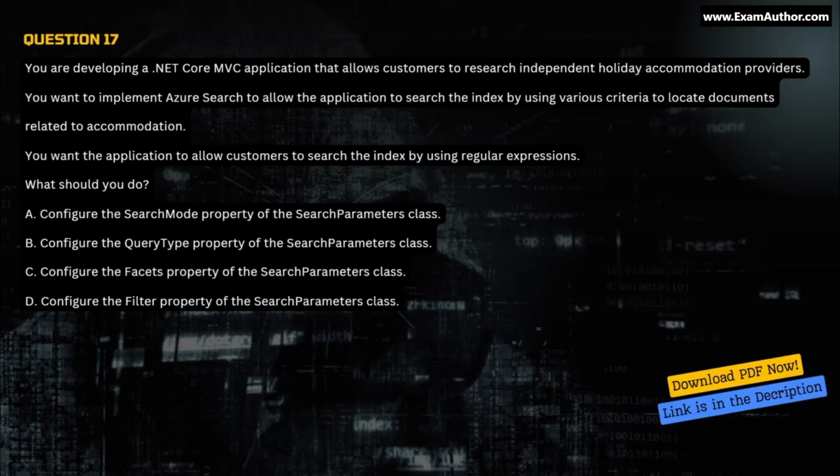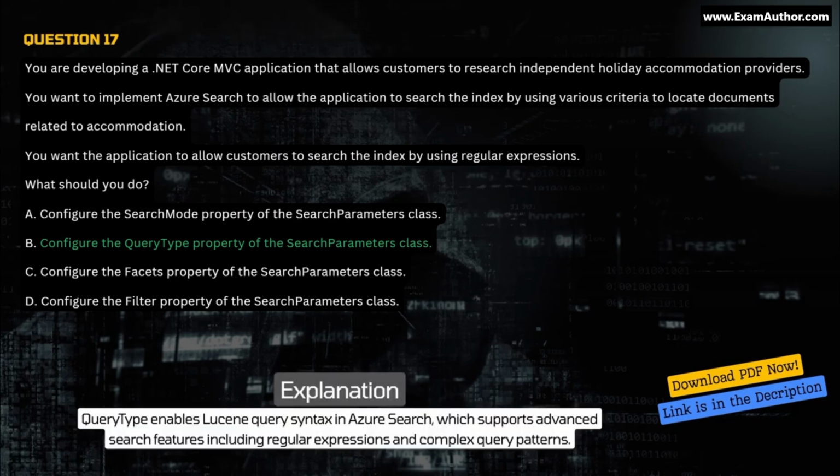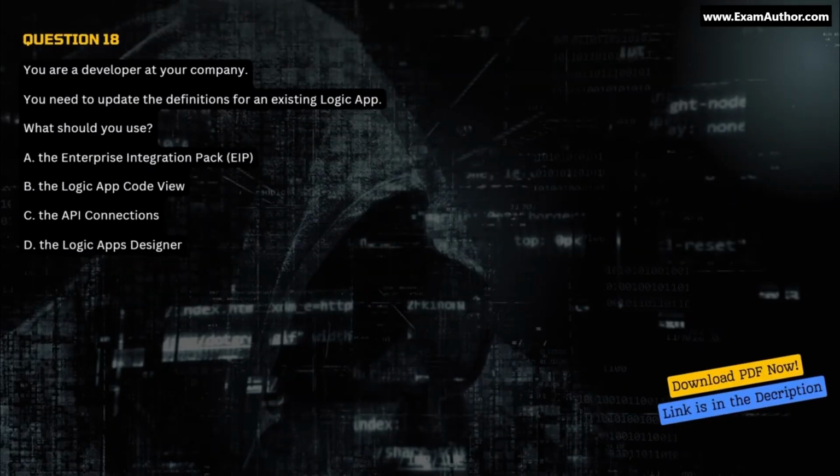Correct answer B. Configure the query type property of the search parameters class. Explanation: query type enables Lucene query syntax in Azure Search, which supports advanced search features including regular expressions and complex query patterns. Question 18.